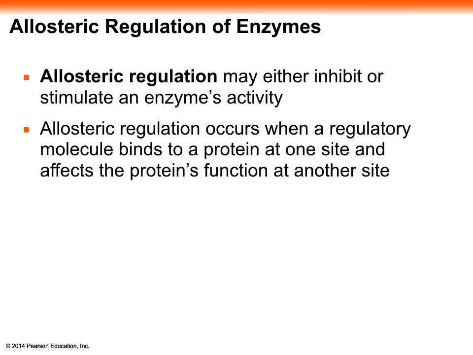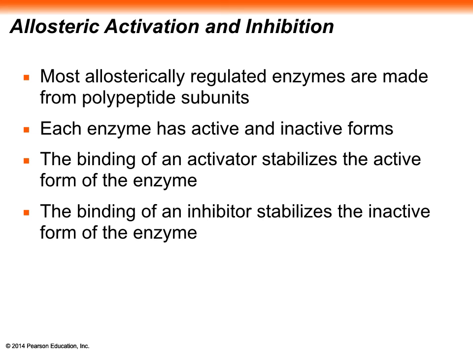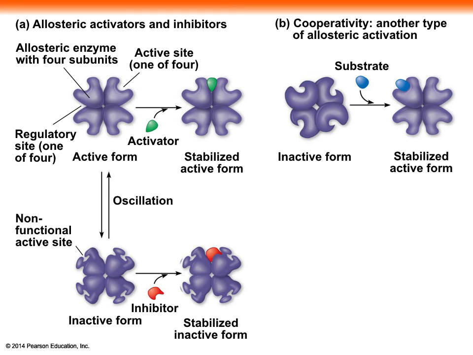Allosteric regulation may either inhibit or stimulate an enzyme's activity. Allosteric regulation occurs when a regulatory molecule binds to a protein at one site and affects the protein's function at another site. And so here we see how we have activators and inhibitors.